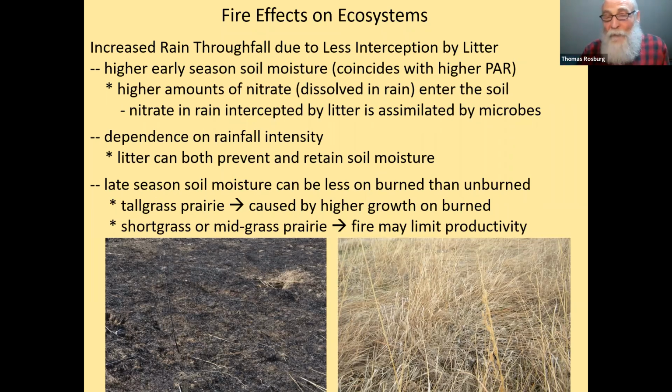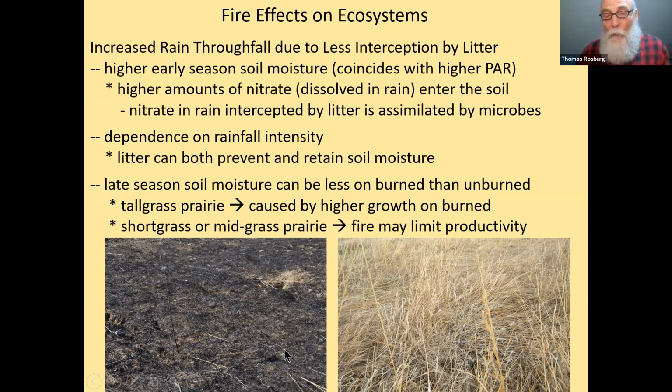But the real reason is most likely related to the fact that over here, the reason there's less soil moisture is because there's simply been more growth over here. If you look at the amount of biomass between these two plots, a lot of people have, and I've done it myself, the amount of growth over here, the productivity can be twice the amount of over here. Twice the amount of growth. If it has twice the amount of growth, it's had twice the amount of transpiration.